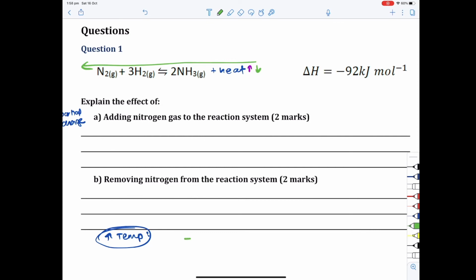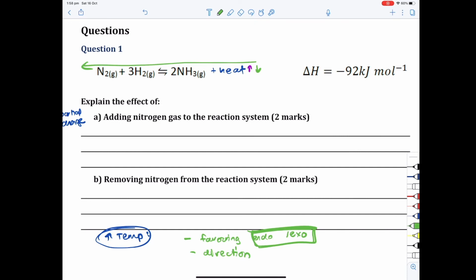I want to hear whether we'll be favoring the endo or exothermic reaction, right? And I'd also want to know what direction we're going. That's the key thing. You need to mention the words endo or exothermic in your answer. That's the key principle that I'm getting to. Does that make sense?